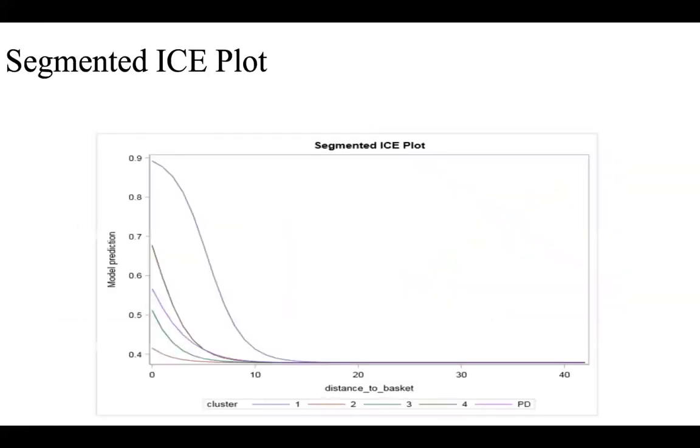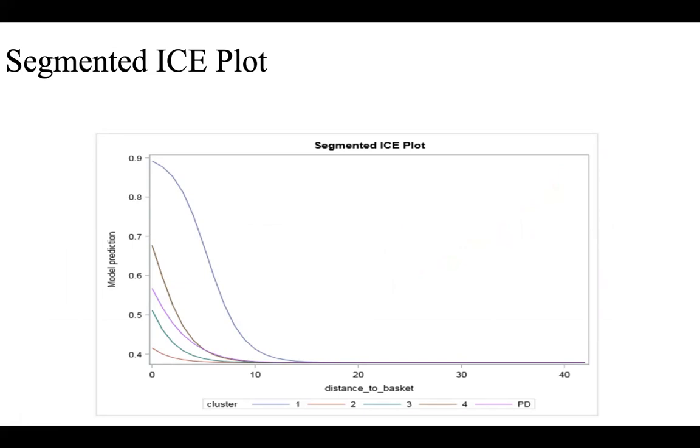Basically in ICE, we select some observations randomly and make this plot for them. But we cannot have a lot of observations in the plot, as that will make the plot difficult to understand.